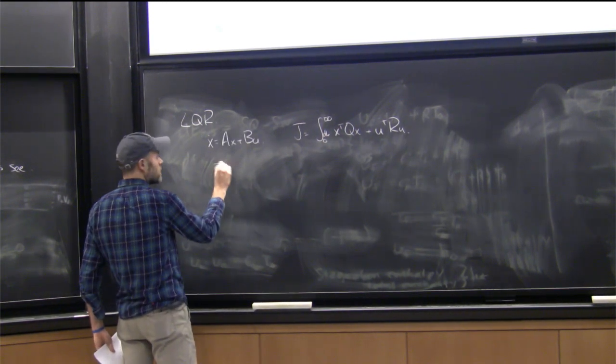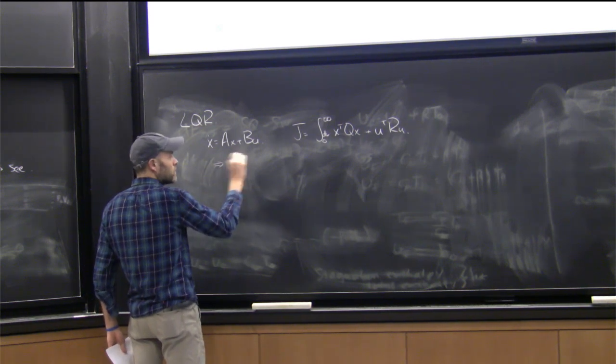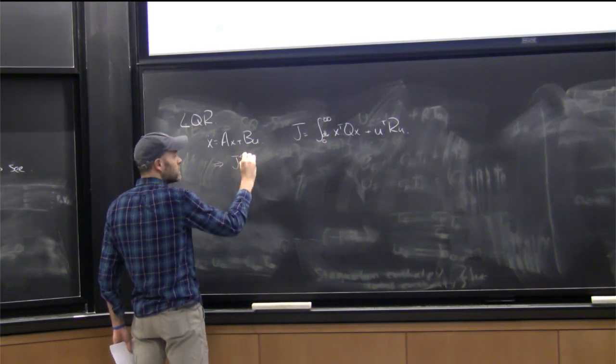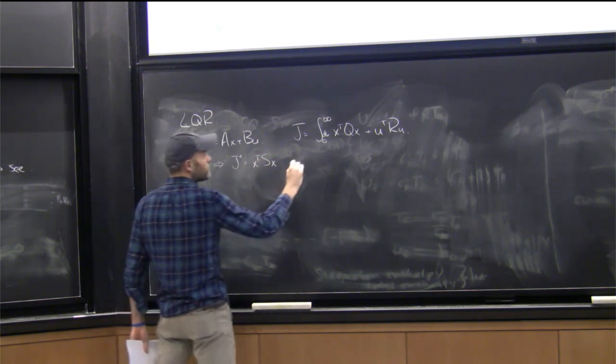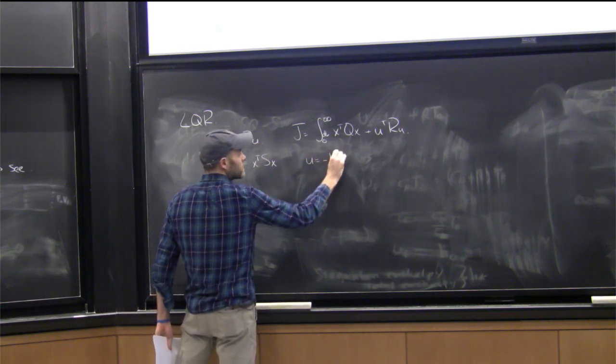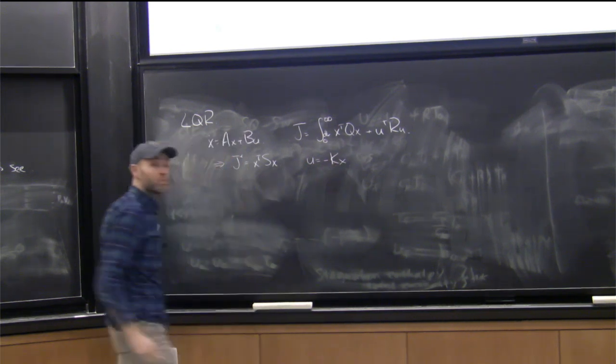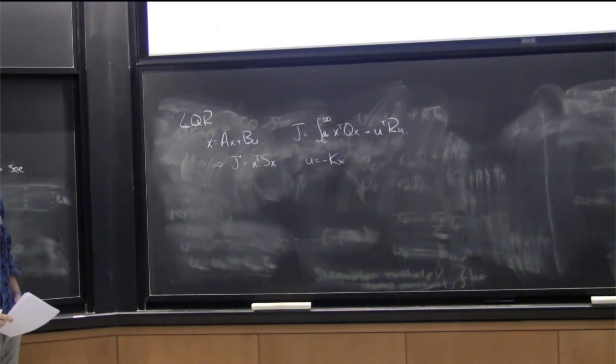Then we found out that the optimal cost-to-go was x transpose Sx and u equals negative Kx, and that we could get this from a numerical recipe.